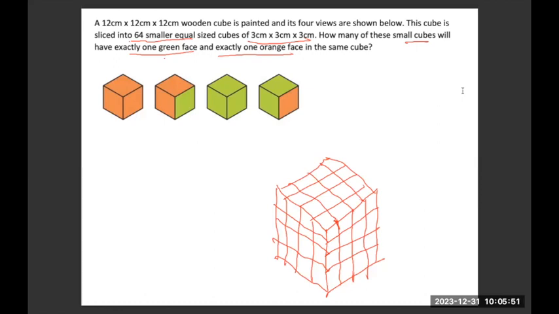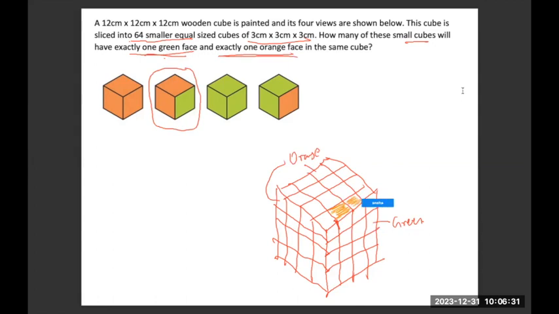So see, here they are painted in this direction. So for example, if I'm taking this cube, this color combination and this view, all right. So here, if I assume this is green face and then this is orange, then this is also orange face. What it means is, in this kind of a combination, the cubes that have exactly one green and one orange face will be actually here.